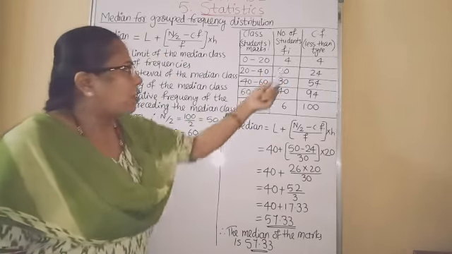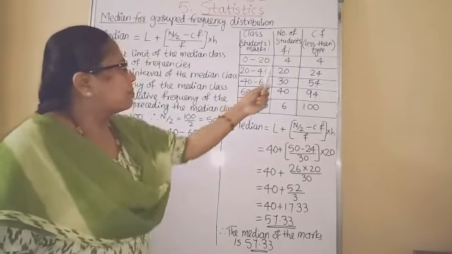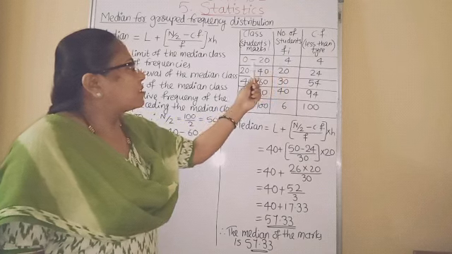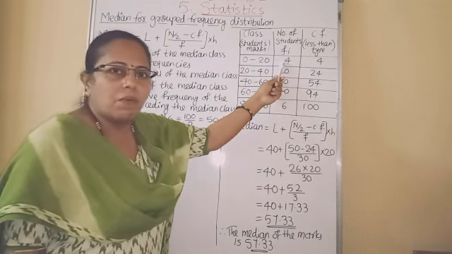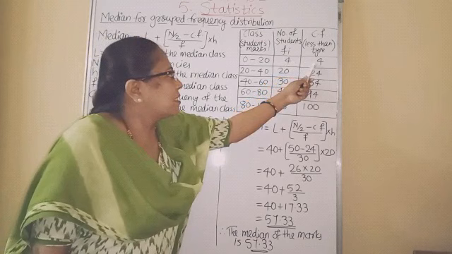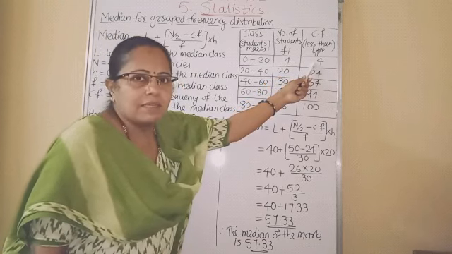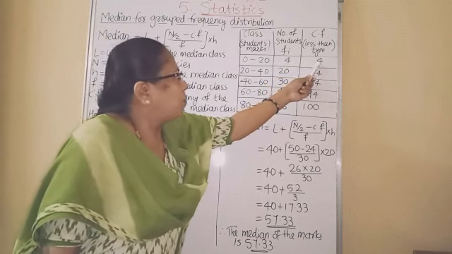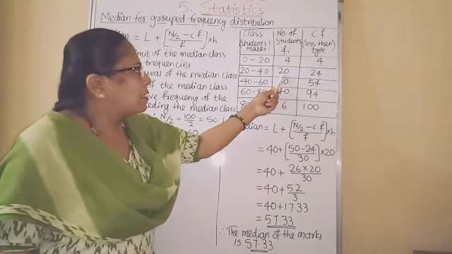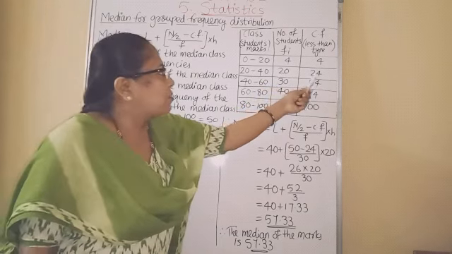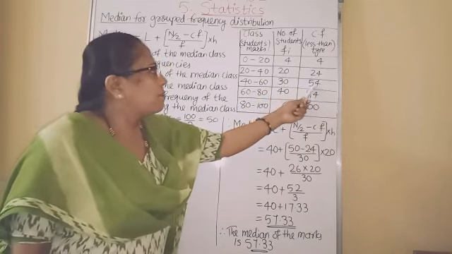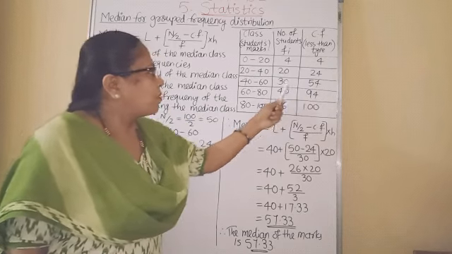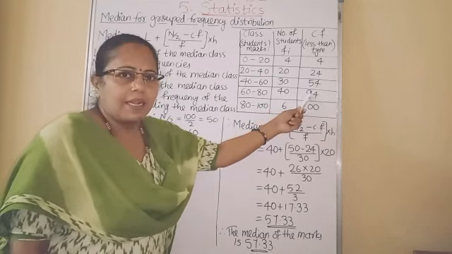Let's revise how to prepare cumulative frequency. The first class, 0 to 20, has frequency 4. The first class frequency we carry as it is. Then 4 plus 20 is equal to 24. 24 plus 30 is 54. 54 plus 40 is 94.